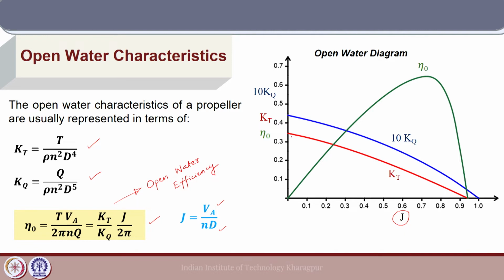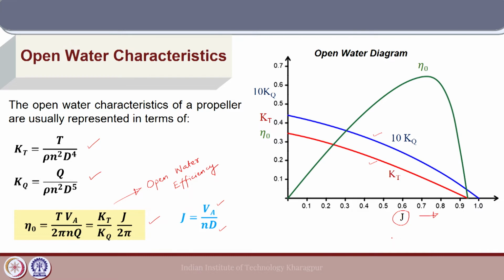So, we see that this curve Kt and also 10 Kq, they decrease with the increase of J. Now, what does increase of J imply? J is Va by nD. So, as J increases, either Va can increase or n can decrease for a propeller of a specific diameter, or both can happen.